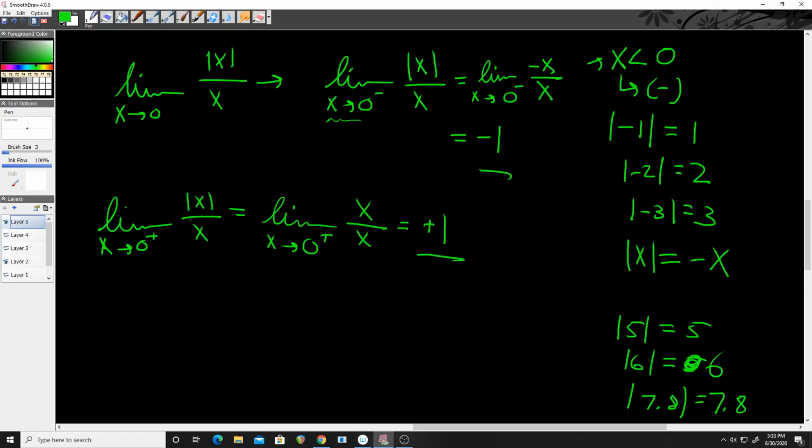And now look here. Without doing any graphs of any sort, the left-hand limit is not the same as the right-hand limit.